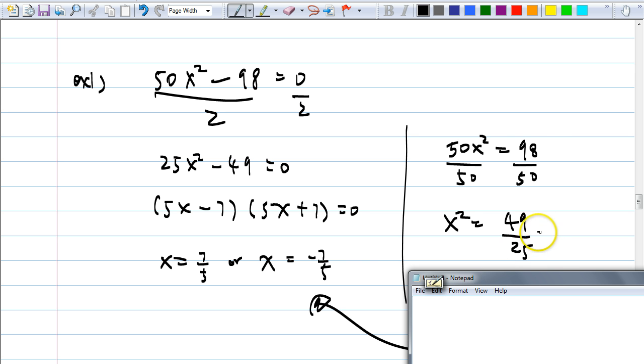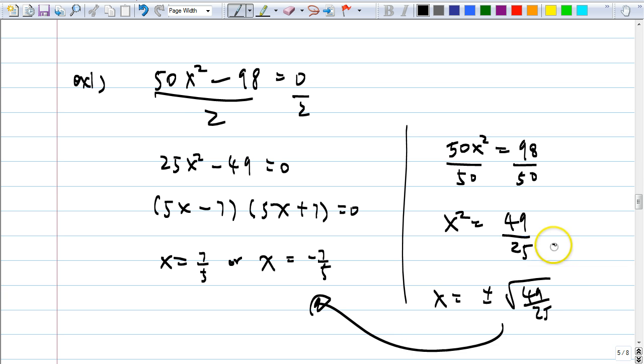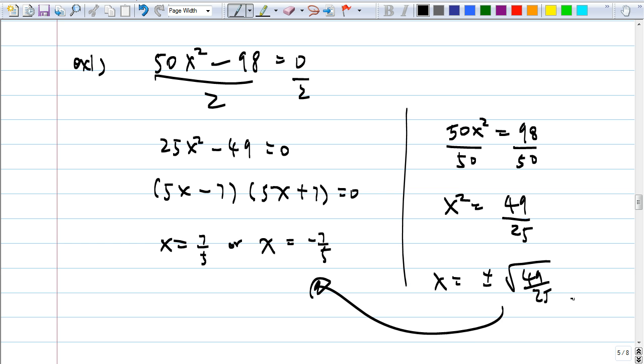And if you simplify 98 over 50, you get 49 over 25. Then all you have to do is what, guys? You could also square root both sides, right? Then you get plus or minus 7 over 5, and you get the same answer. Any question?